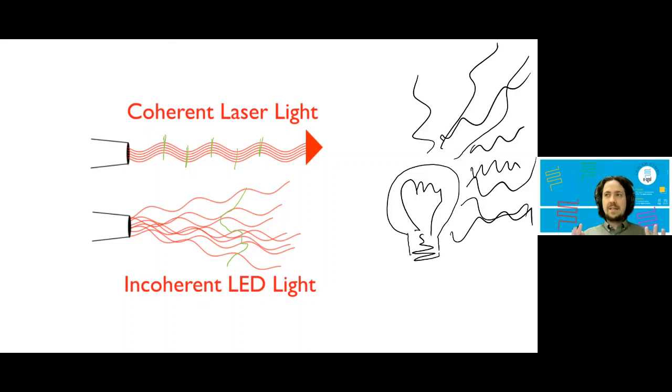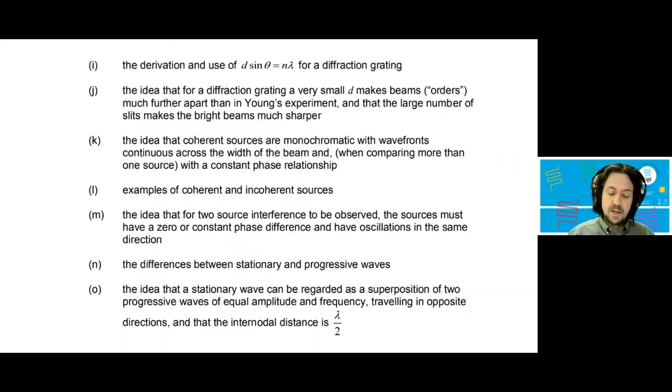It's emitting light over a large frequency spectrum, and you can only have a constant interference pattern where you have a monochromatic source producing light of just one wavelength. So lasers are coherent, an LED is incoherent, and certainly a light bulb is incoherent.